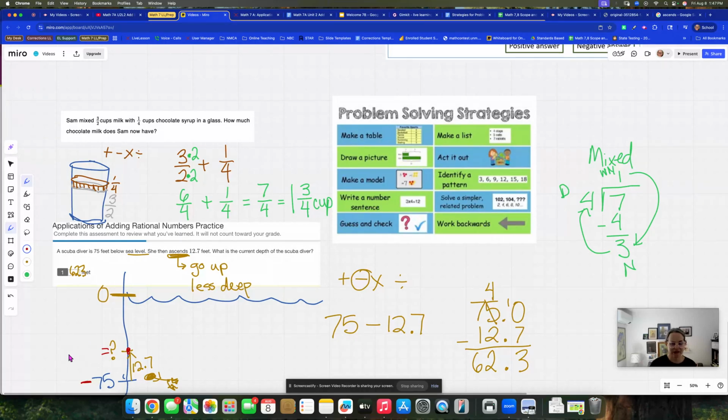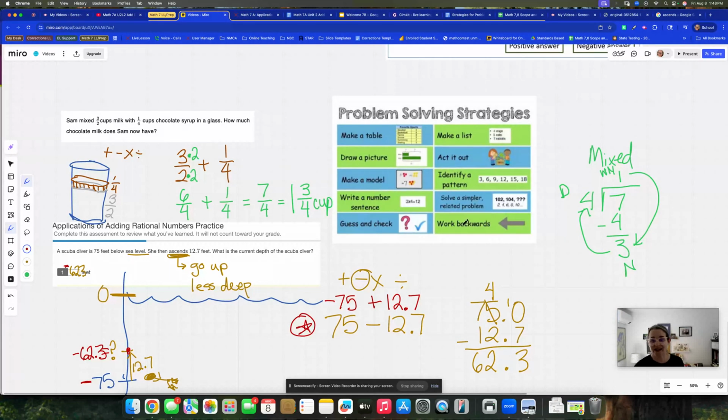We only went up 12 feet. So we're at negative 62.3. And that makes me want to revise my equation here. I think this is definitely how we do the problem, but a better equation would have been negative 75 plus 12.7.